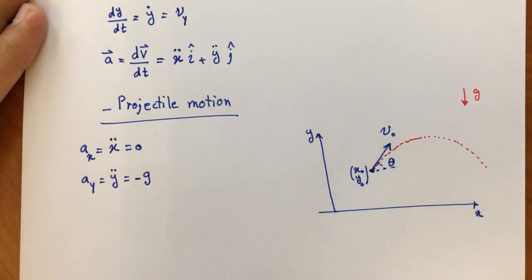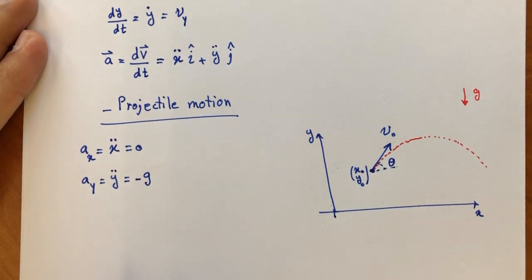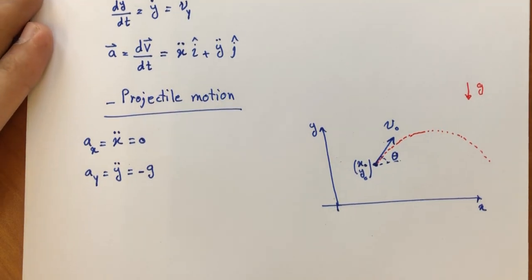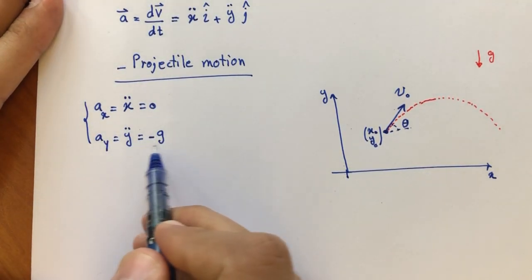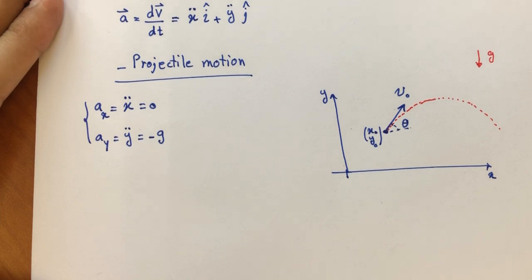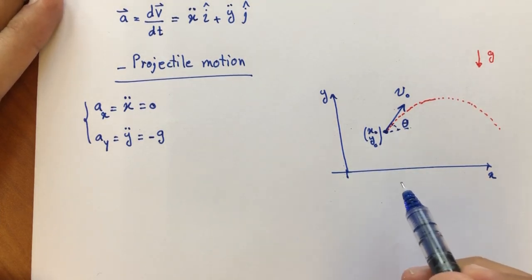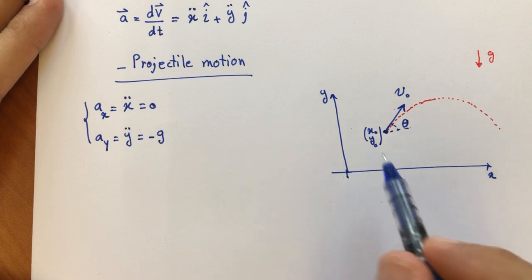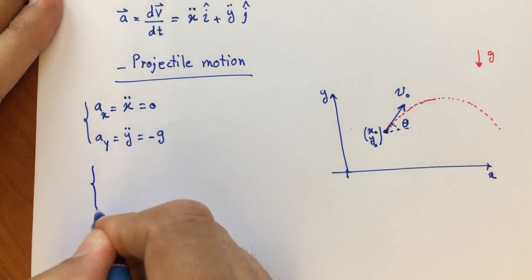And acceleration in the y direction due to gravitational force is going to be negative g all the time for a projectile motion. So we have constant acceleration for the x direction and constant acceleration for the y direction. So I'm allowed to use all the constant acceleration equations that we had before for the x direction and for the y direction separately. What's the meaning of that?